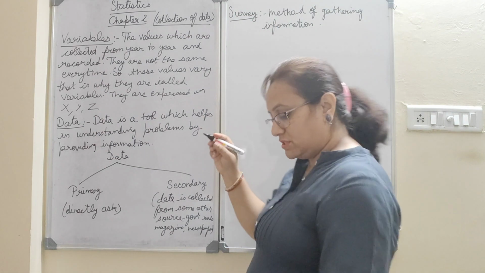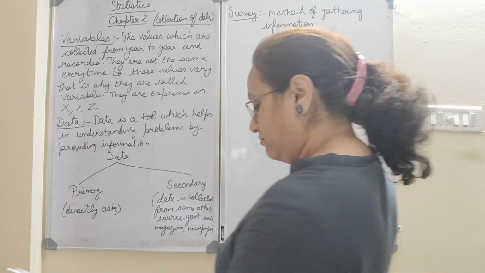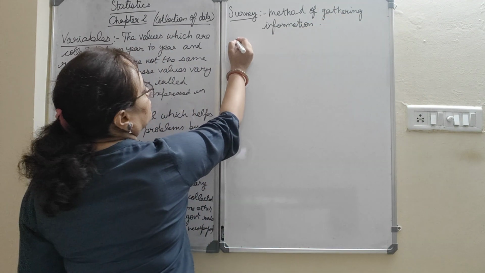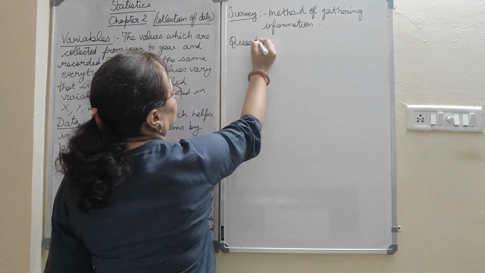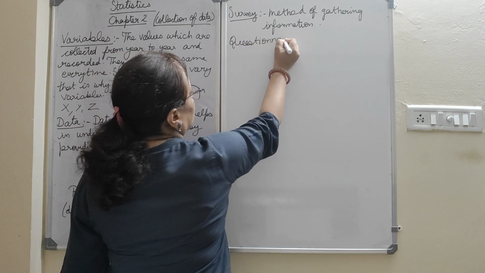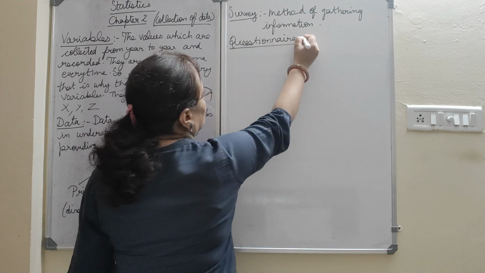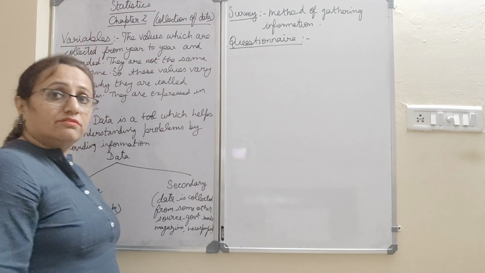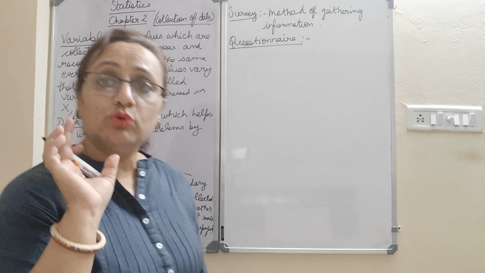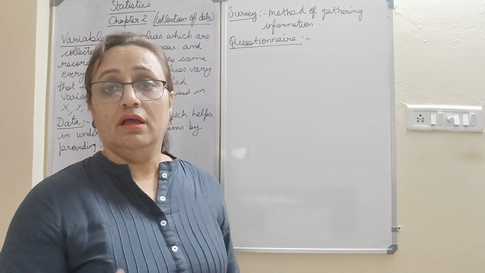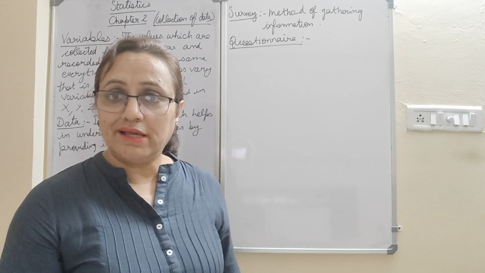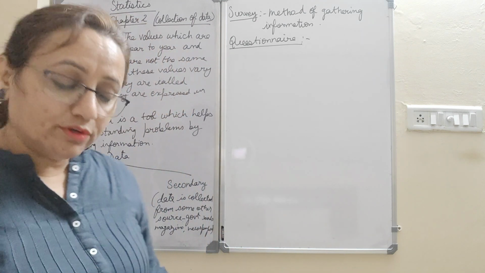So the next thing which comes, what are the ways of collection? First is questionnaire. Now when I want to collect the information, first of all I should have a questionnaire with me. The name tells you I should have some questions. If I want to gather information about someone or something, I should have some questions to ask, right? So that is the preparation of questionnaires.